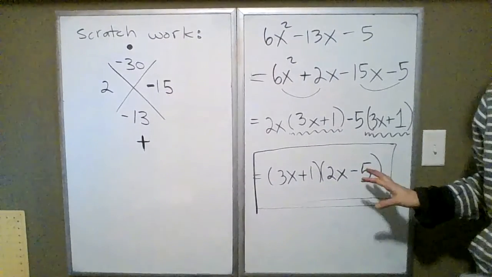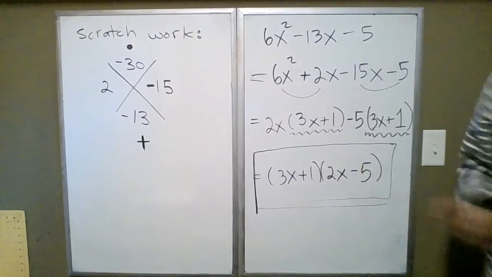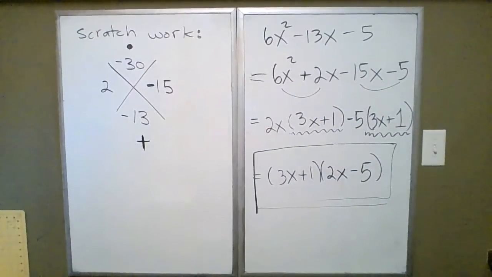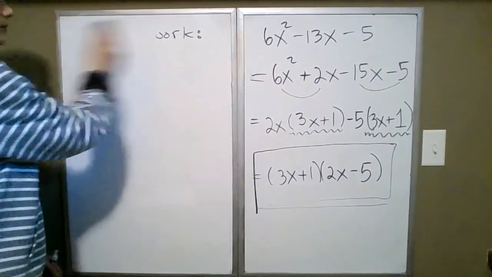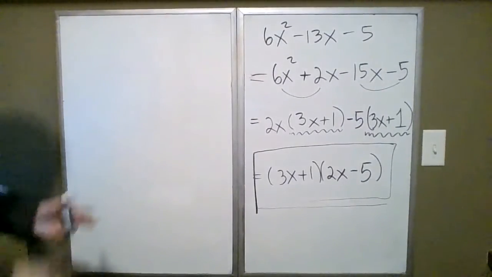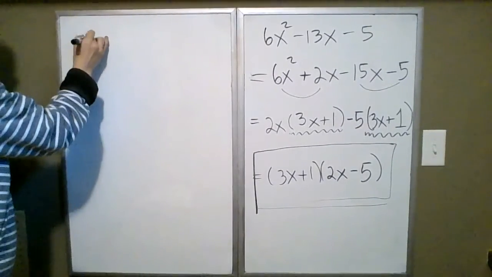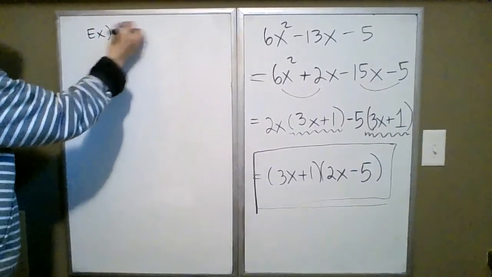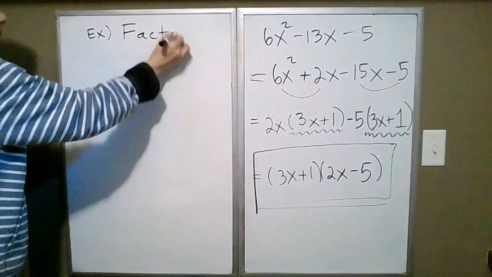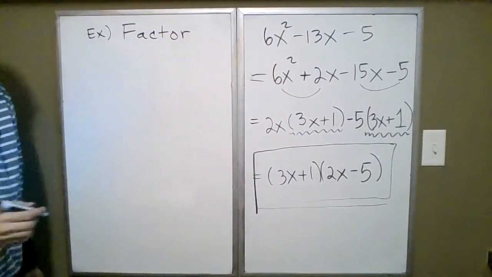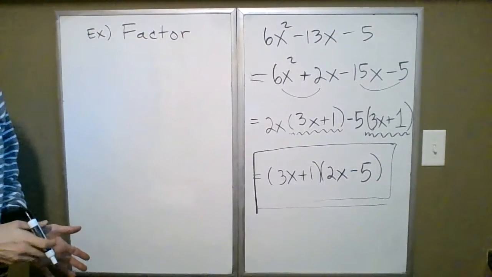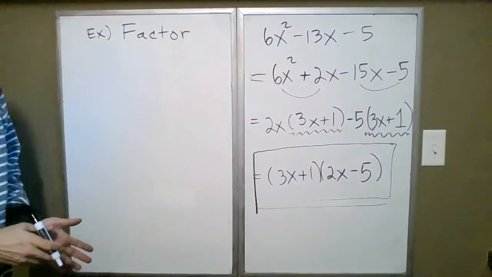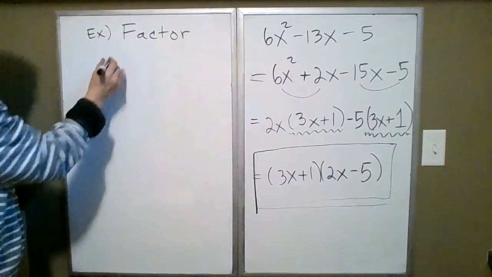Okay, next, let's try using a grid. Factoring 8r squared minus 2r minus 1.